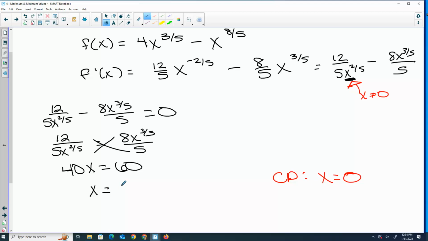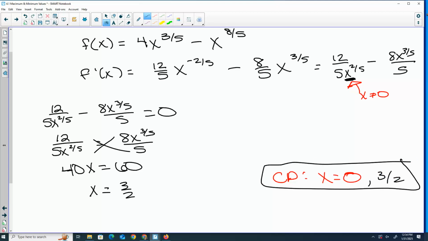So divide 60 over 40 is 3 halves. So my critical points are x equals 0 and 3 halves. Those are the places where either the derivative is 0 or undefined. So you just plug those numbers in, which one's high, which one's low?